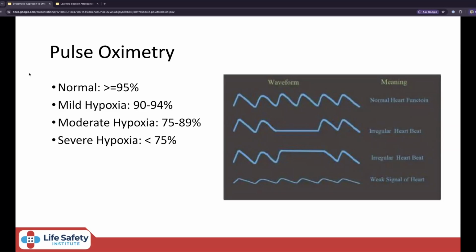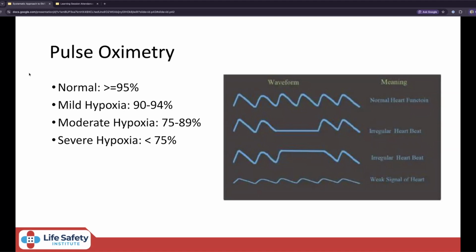And so a normal pulse oximetry reading is greater than or equal to 95%. If you get a reading of 90 to 94%, we consider that mild hypoxia. Hypo, low, oxia, oxygen, low oxygen saturation, right? And there is such a thing as hyperoxia.